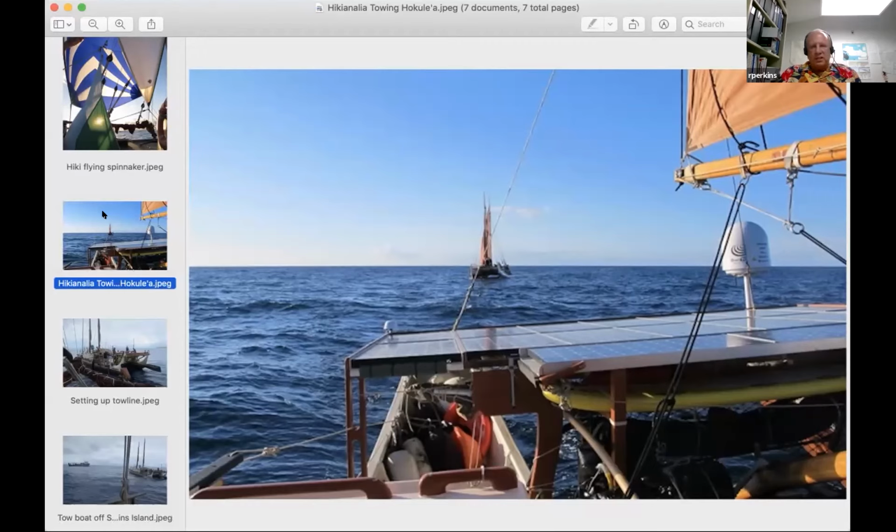You can see that the seas are almost nil, and there was very little wind, and so we could tow under these circumstances. We decided in Aotearoa, or before, I believe, that Hiki just didn't have large enough engines to be able to tow Hokulea around the world. And that's the main reason that Hiki came home from Aotearoa rather than continuing around the world.